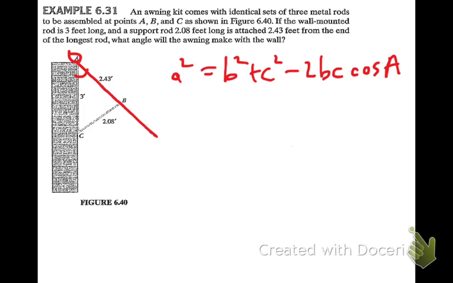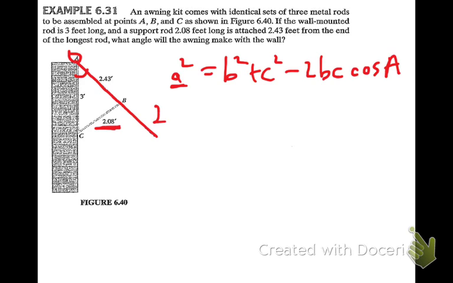Then we plug in. Okay, so if we're trying to find angle A, then the side that I use for a squared here has got to be the one opposite of it. So we're going to use 2.08.